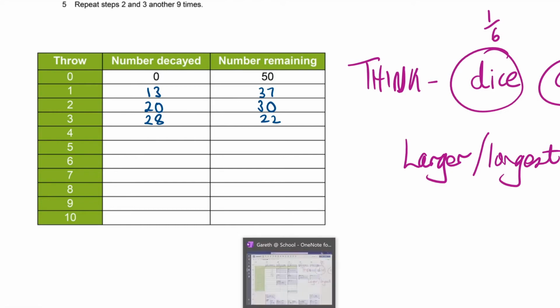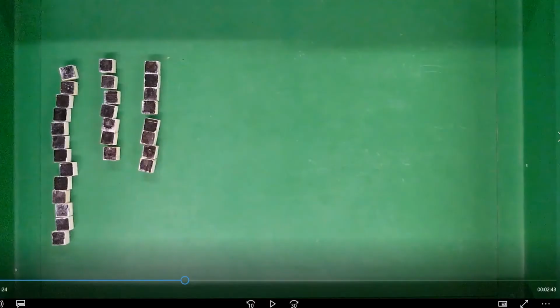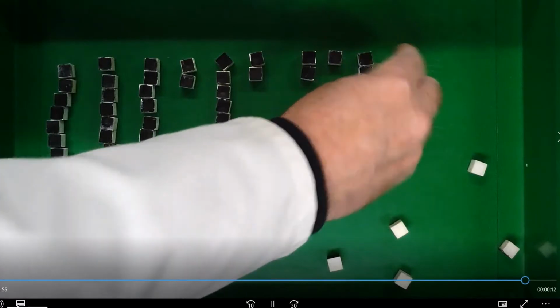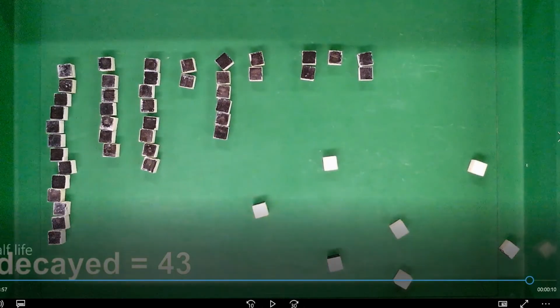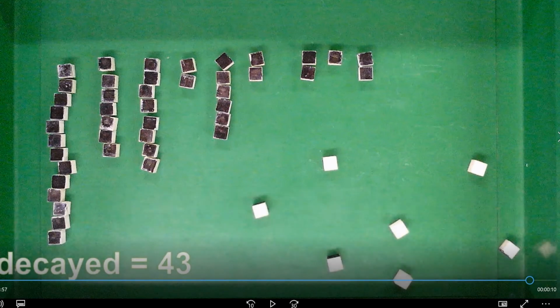What we'll do now is I'll pause the video towards the end so that we can add all throws to the table. Okay, so you can see now we've got a number of throws that have taken place. I'll pause, rather than you count them all, I'll just add them to the table.